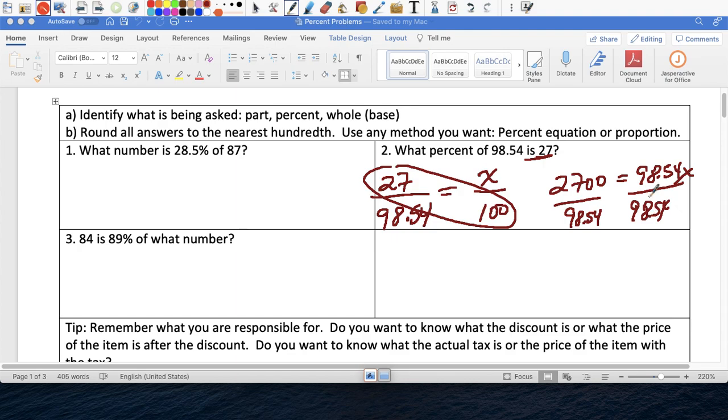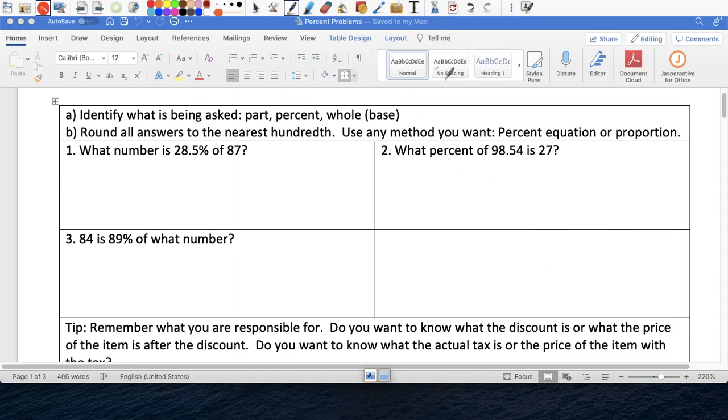And 2700 divided by 98.54 equals, stupid calculator. 2700 divided by 98.54 equals 27.4% rounded. Okay, and that's already in percent form.